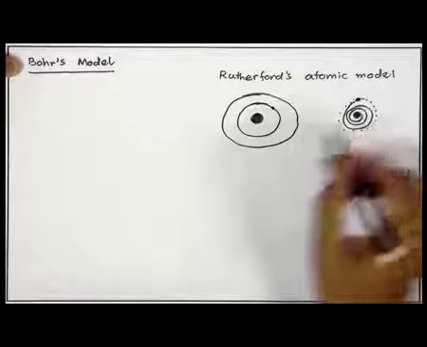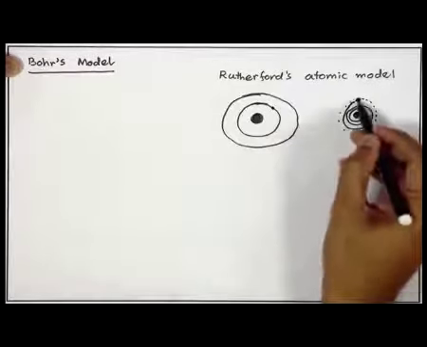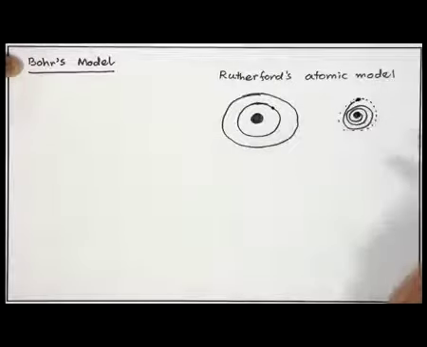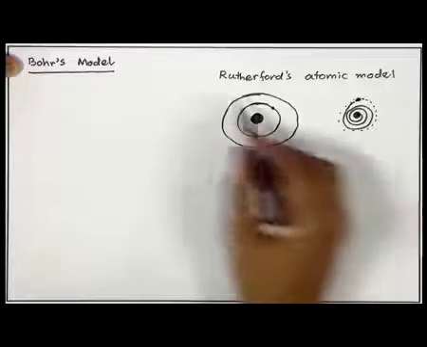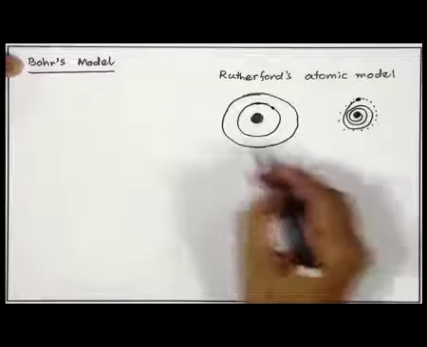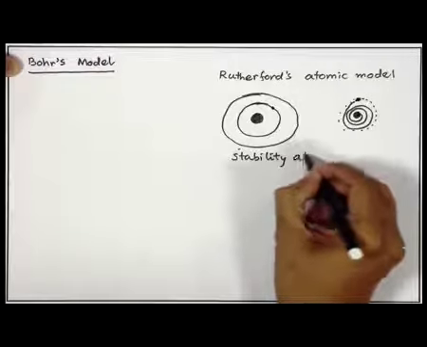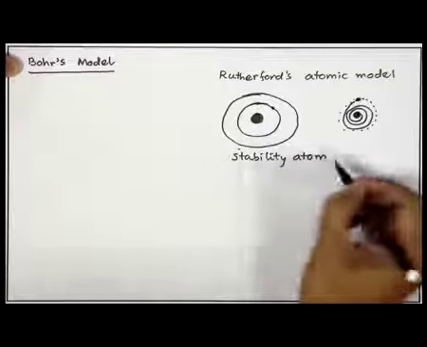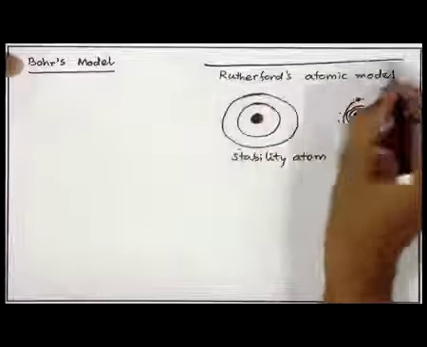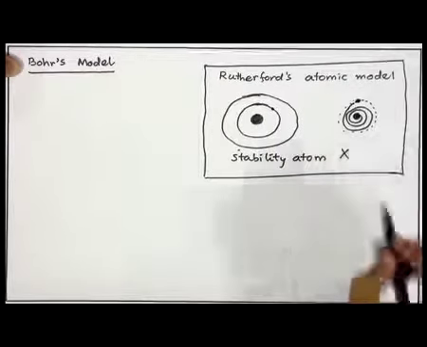So, that means Rutherford's atomic model should have led to a situation where the electron goes in a spiral path and collapses onto the nucleus. Therefore, the atom should not exist. So, Rutherford's atomic model could not explain the stability of the atom. The reason why the atom is stable could not be described by Rutherford's atomic model. We should keep this in mind when we discuss Bohr's model.